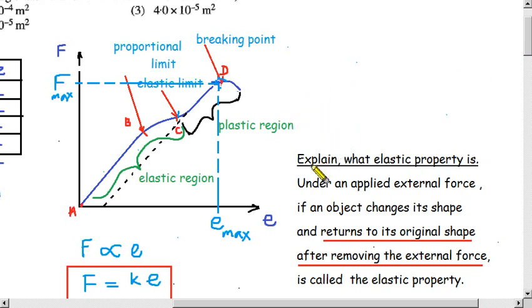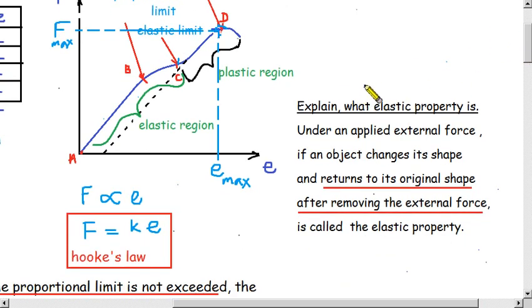Because most of the children write that when applying a force, the length of the wire increases. That's all they write. So you don't get marks for that, because in this region also that happens. When you increase the force, the length increases, but it doesn't decrease when you remove the force.